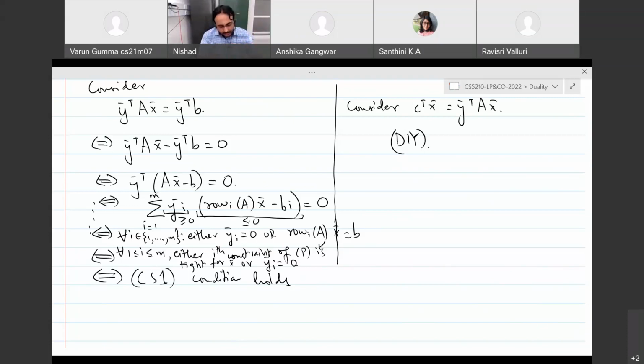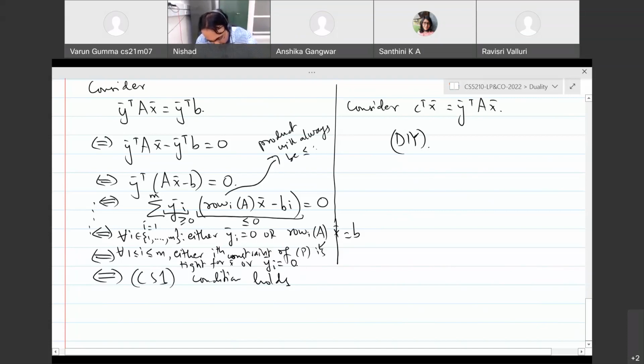So notice that the product of these two will always be less than or equal to 0, because one of them is non-negative and one of them is non-positive. So if you're adding a bunch of numbers that are less than or equal to 0 and you're getting 0 as your answer, the only way it's possible is for all of them to be 0.